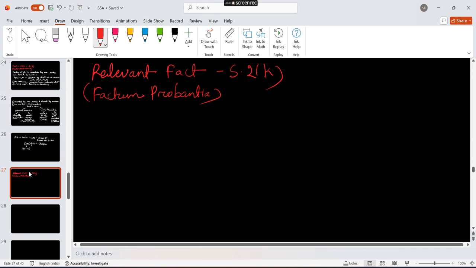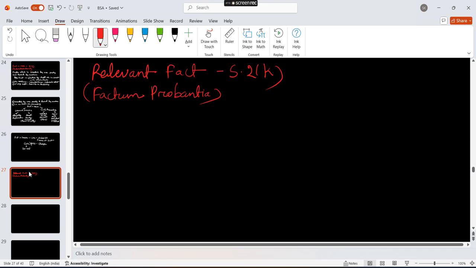So what is the definition of relevant fact? One fact is relevant to another when the two are connected with each other through any of the ways referred to under the chapter of the Adhiniyam as relevant facts. That's it, nothing else.